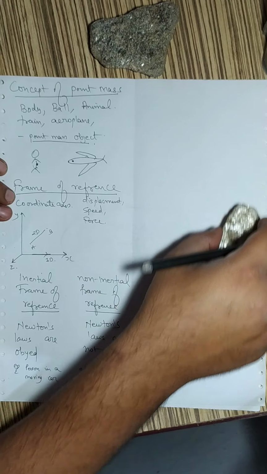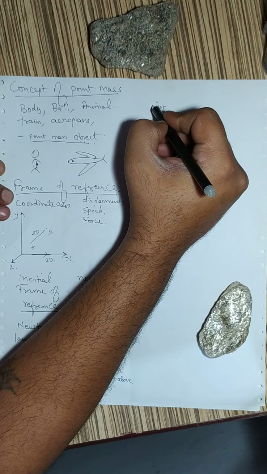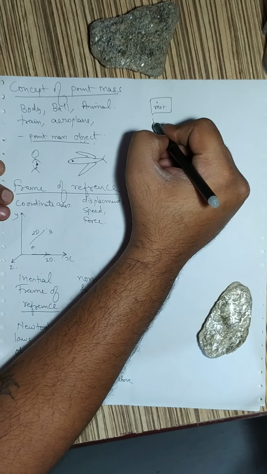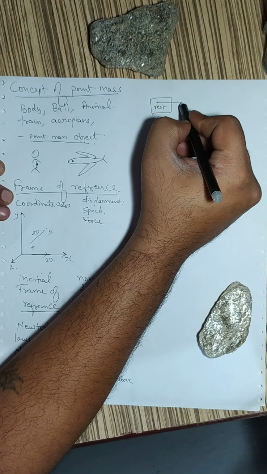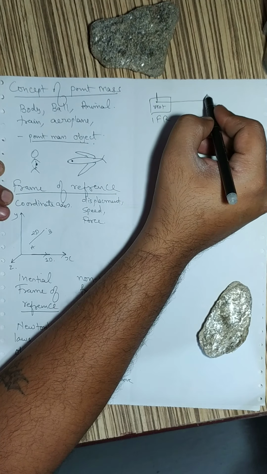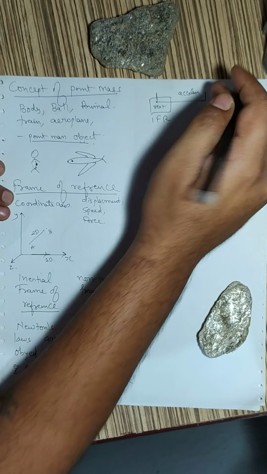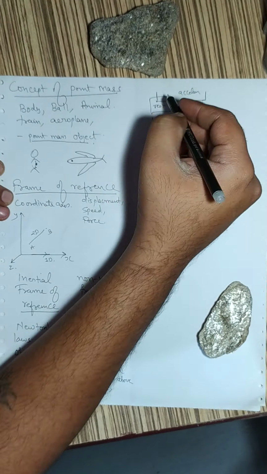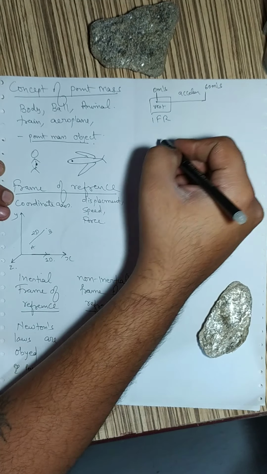I'll try to explain it some other way. Let us say the car is at rest. This condition we call an inertial frame of reference. As soon as it starts its motion from rest, it will accelerate. You press the pedal, its speed increases. So from 0 meters per second, let's say it has reached 60 meters per second.